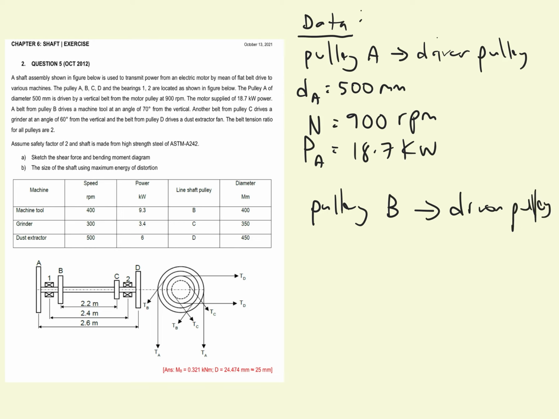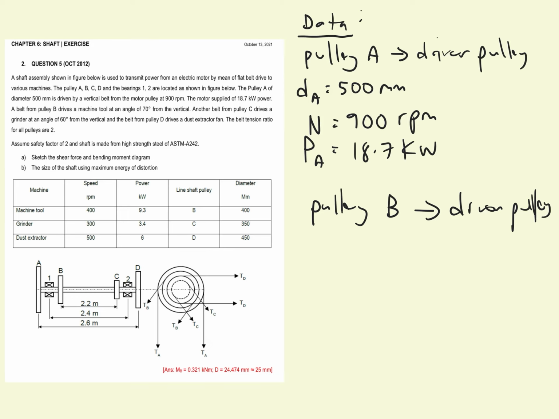So why this pulley B is the driven pulley for this shaft assembly? Because power is given from motor to the pulley A, and then power that comes from the pulley A will be distributed to pulley B, distribute to pulley C, and also distribute to pulley D. Means that pulley B, pulley C, and pulley D will become the driven pulley.